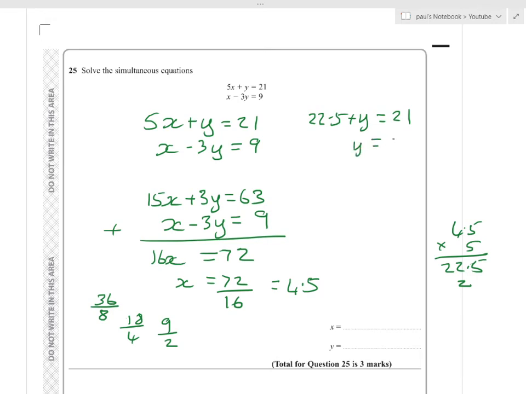So y equals 21 minus 22.5, which equals minus 1.5. So y is minus 1.5 and x is 4.5. No, I didn't like that. They didn't come out with proper numbers there.